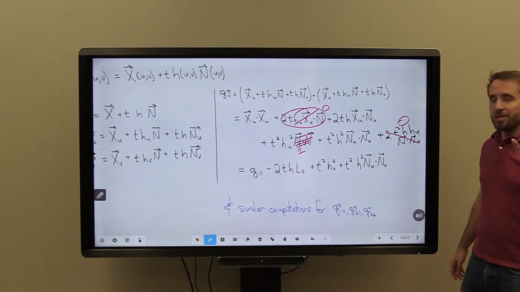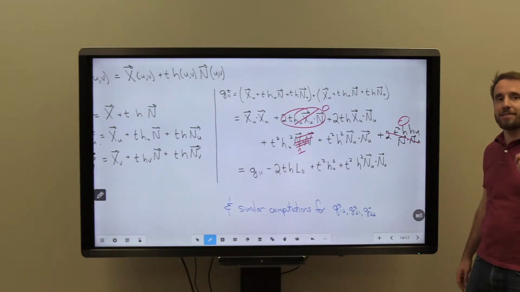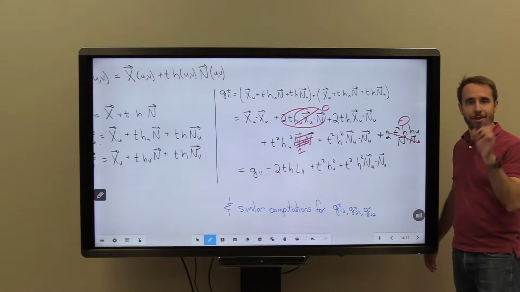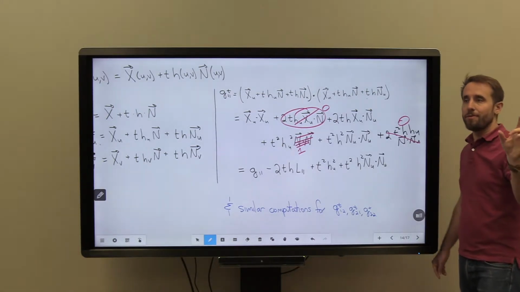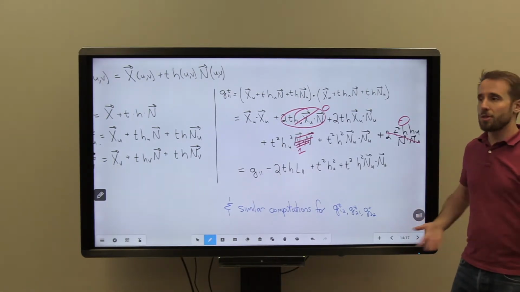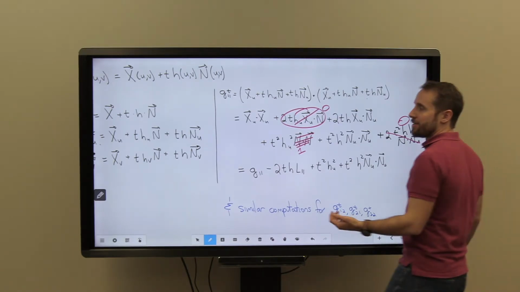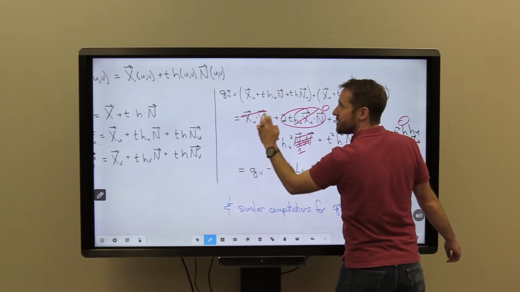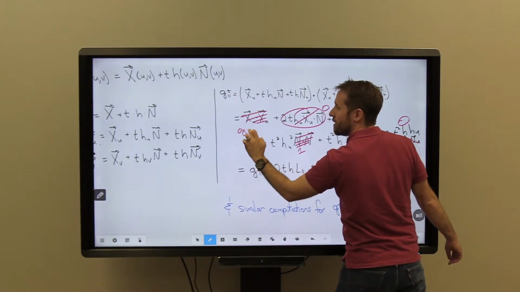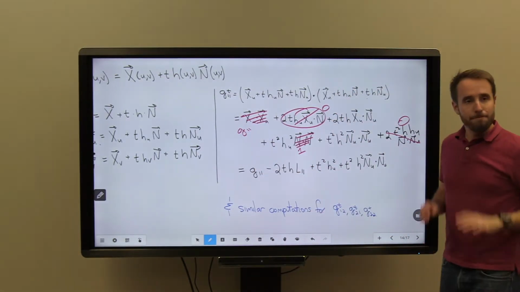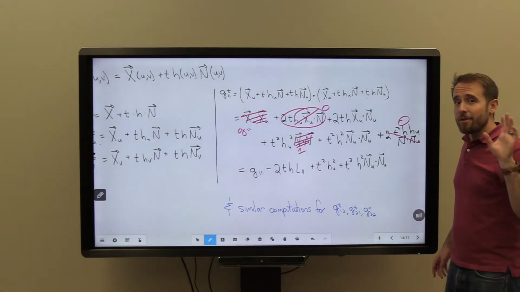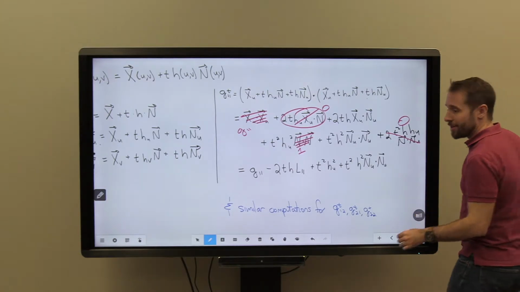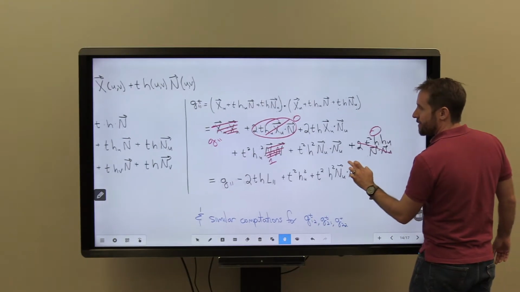And x sub u dotted with x sub u is just another way to write G11, that first element of our first fundamental form in the original surface, the one that's not time dependent. So we're calculating G11 of t, but in reality, this is just our G11 of 0. So we've simplified it down almost as much as we can. There's one more thing we can do, and that's a little subtle.